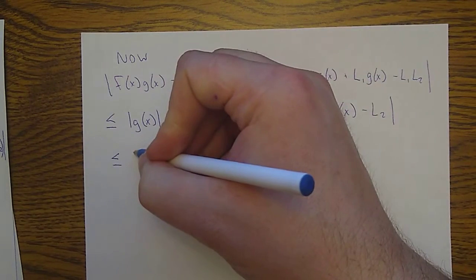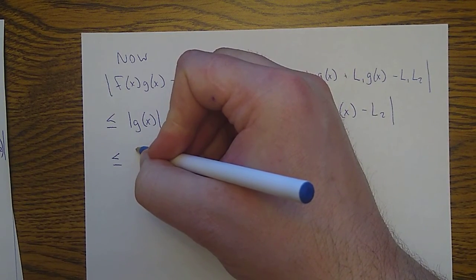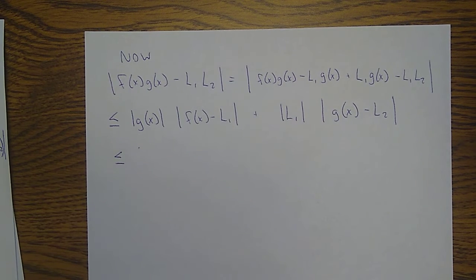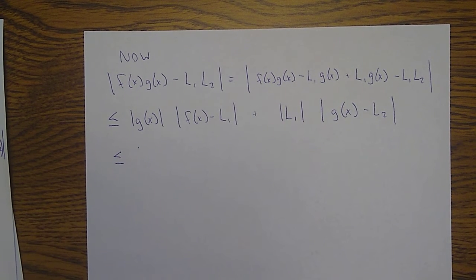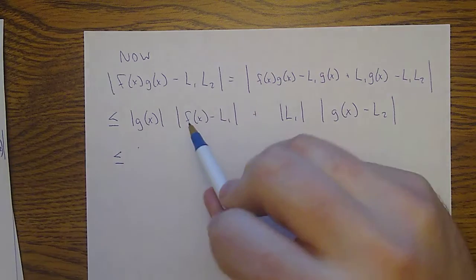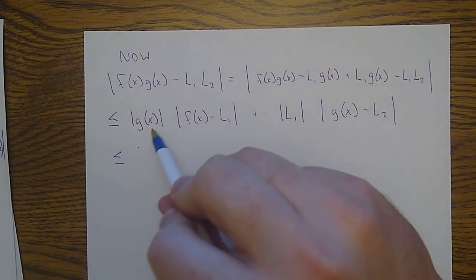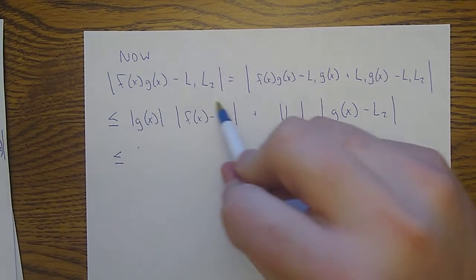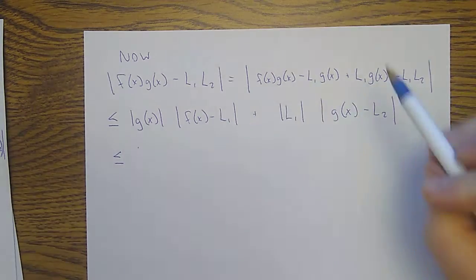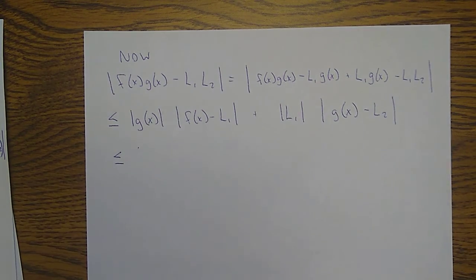Sorry, I have to stop here for just a second, because I'm ready to replace some things. Like I'm ready to replace this with the bound that we got, and this with epsilon 1, and then this with epsilon 2.